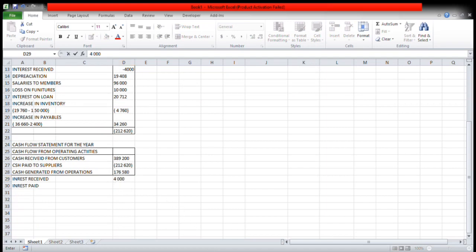So the interest paid, we also dealt with the interest paid for the interest alone. Here we are dealing with the cash flow, so here is the amount.